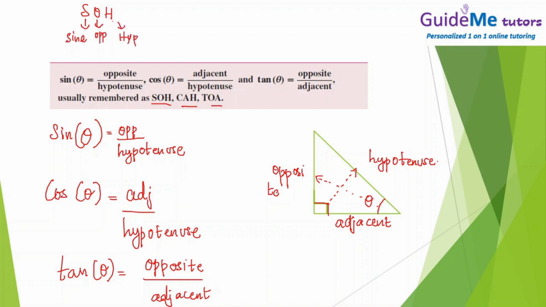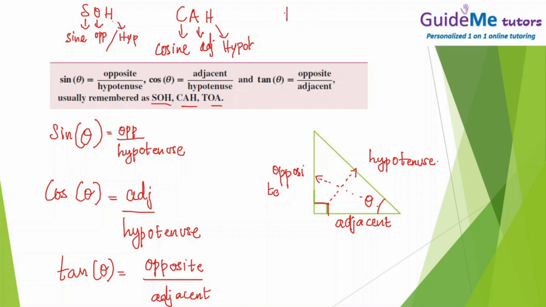So if you want to find sine of an angle, it is opposite by hypotenuse. CAH: C stands for cosine. Cosine of any angle is equal to adjacent, A stands for adjacent, by hypotenuse, or adjacent over hypotenuse.